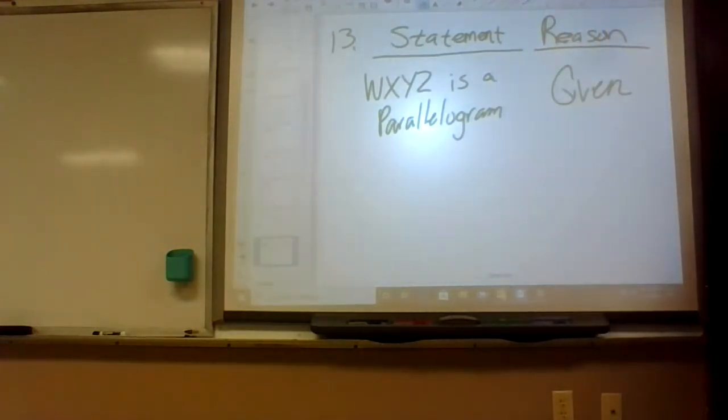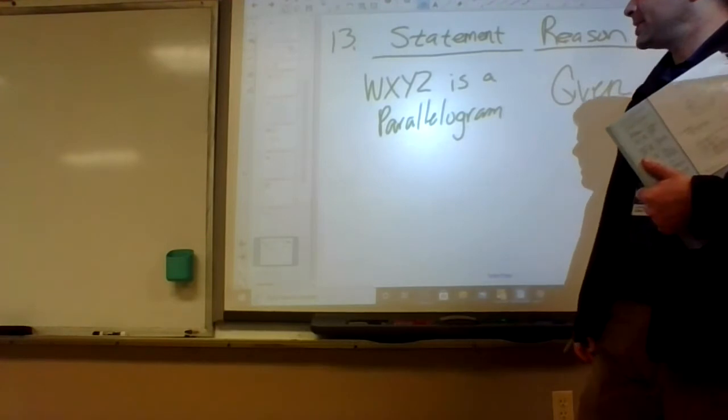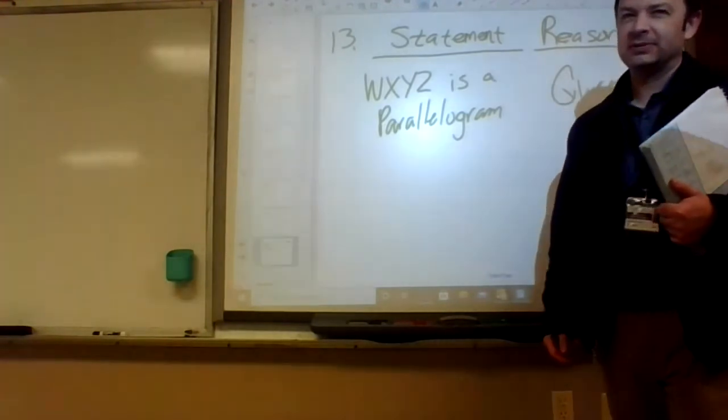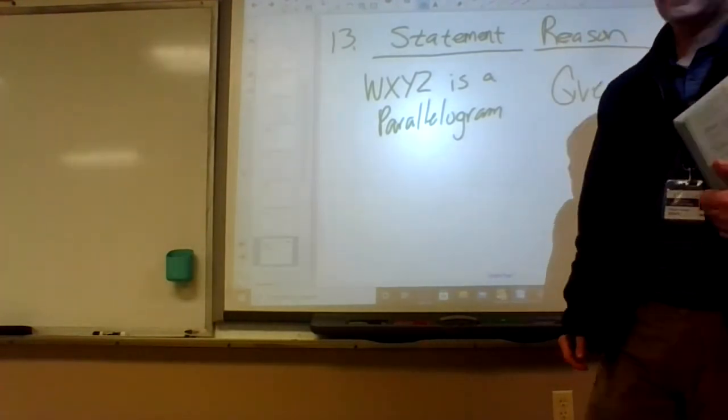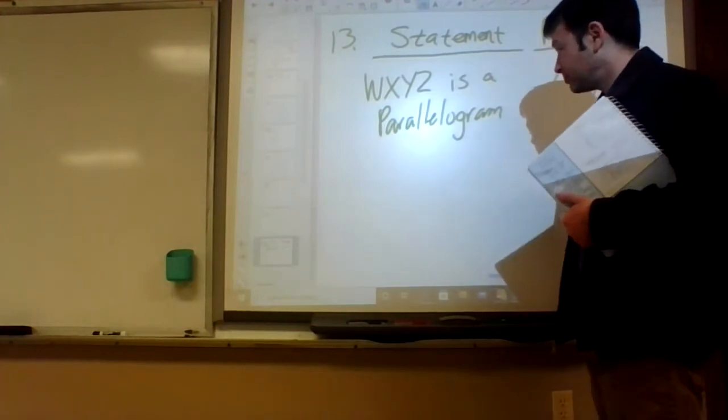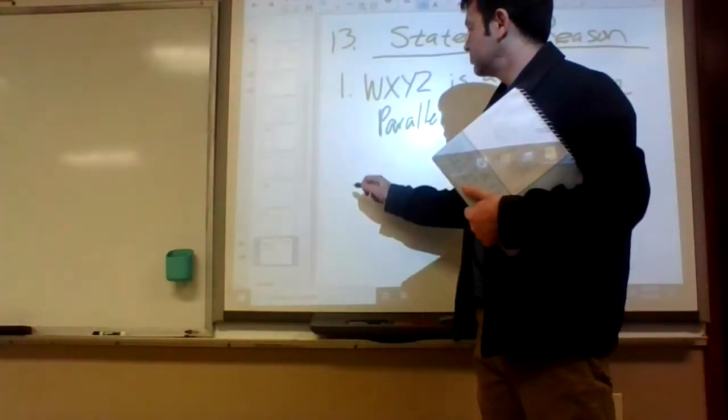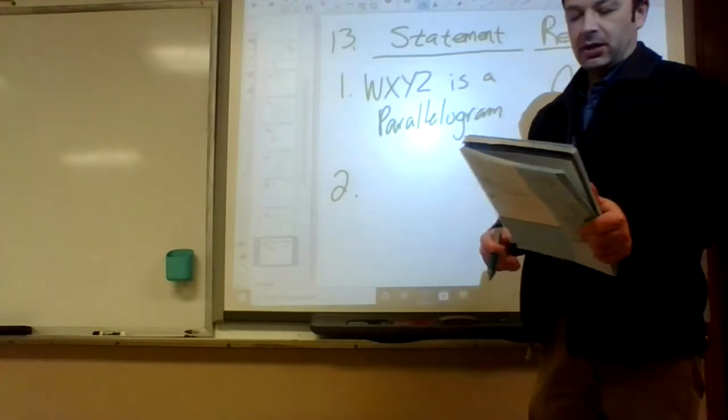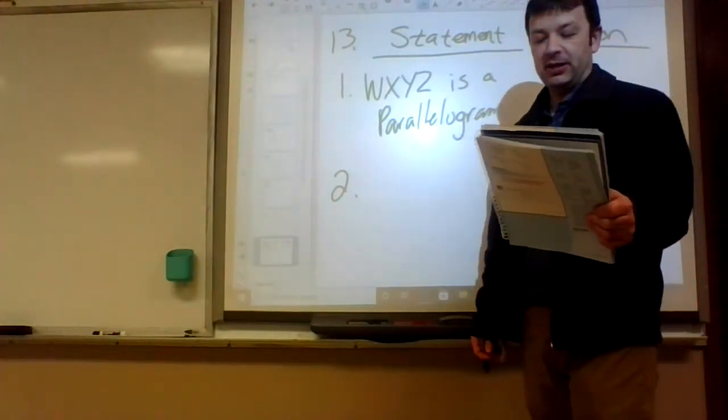And it's been a long time, probably like 4 months at least, since we talked about parallelograms, but there's stuff we know about parallelograms. So one side is WY equals WY.